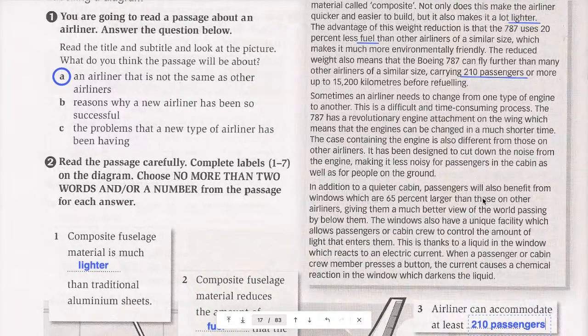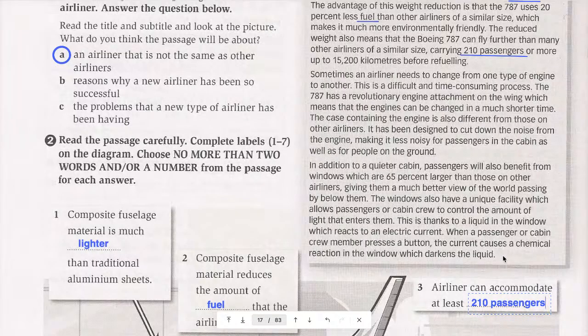So when we use accommodate as a verb, airliner can accommodate, that means that one can have or can contain how many people. So that's why we need the number of people here, not anything else. Maybe luggage or something, but here when you read you only see the number of people, right? So what should you put here? Number three? 210 passengers. Yes, 210 passengers.